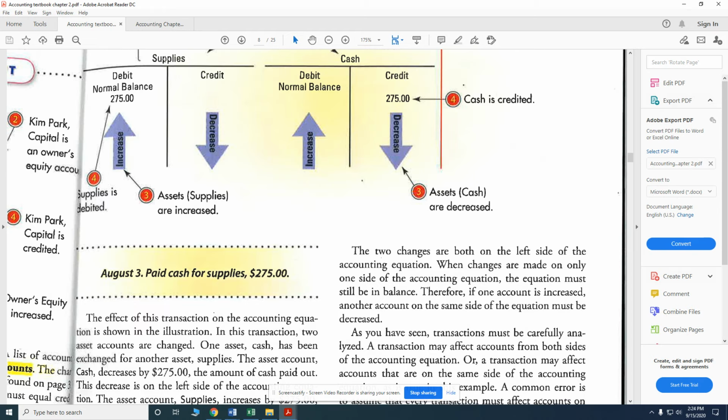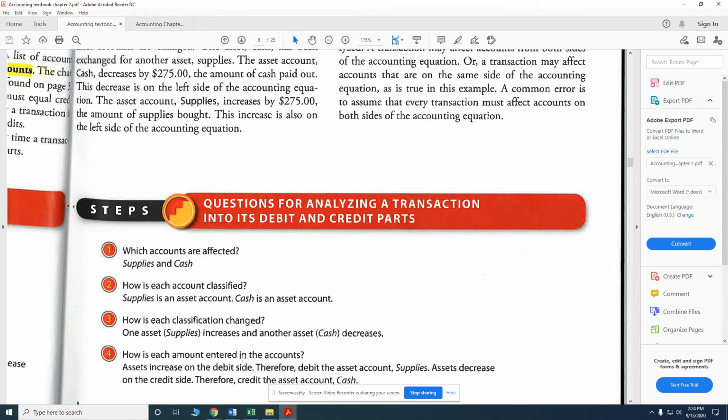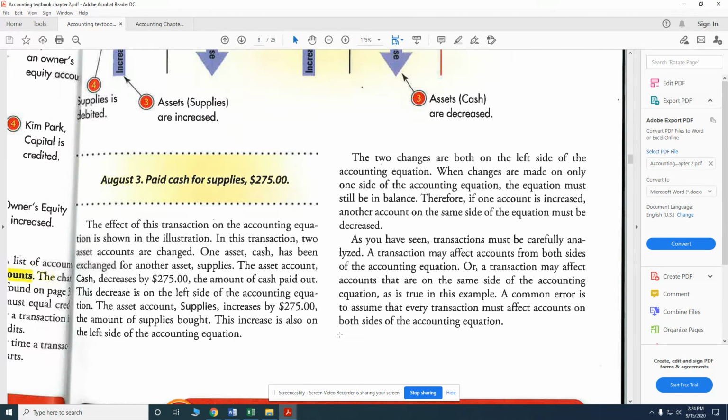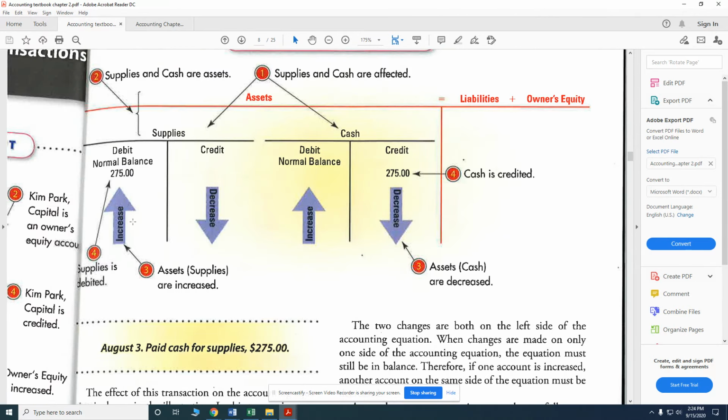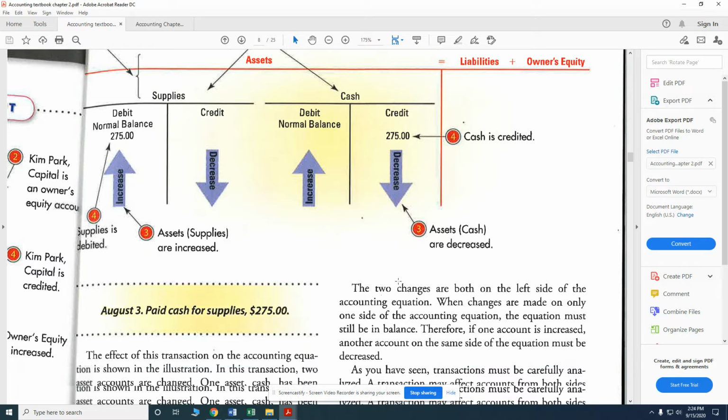So we debit supplies and we credit cash. Same 4 questions are being asked. Supplies and cash. Supplies is an asset. Cash is an asset. Supplies increased. Cash decreased. And we use the language. Debit supplies for $275, we increase, and credit cash for $275, decrease.